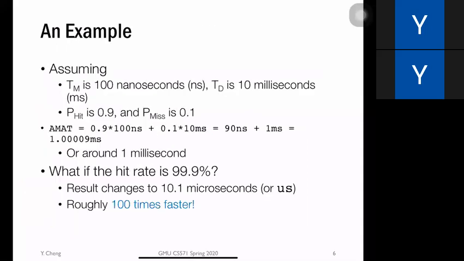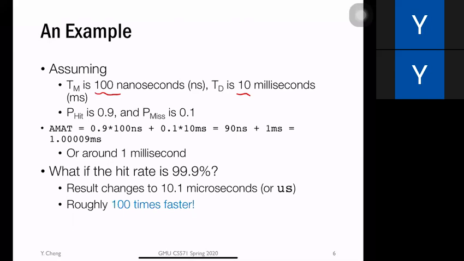So in the next slide, let's take a look at one example. In this example, assuming the cost of getting a memory access, TM, is 100 nanoseconds, okay? 100 ns. Whereas TD, the latency of getting access to something stored on disk, is 10 milliseconds, or 10 ms. So these two different performance metrics are dramatically different, many orders of magnitude different, okay?